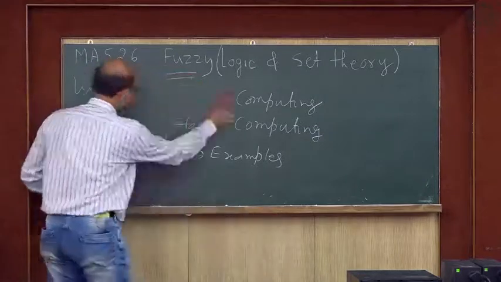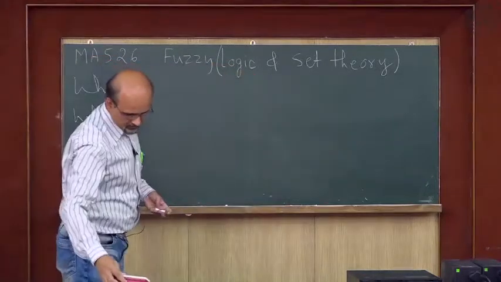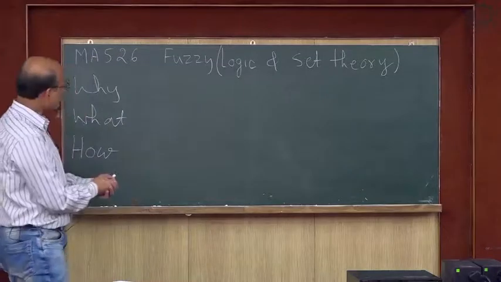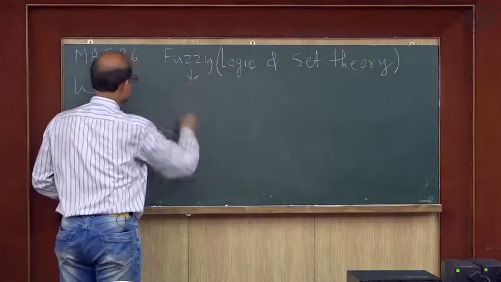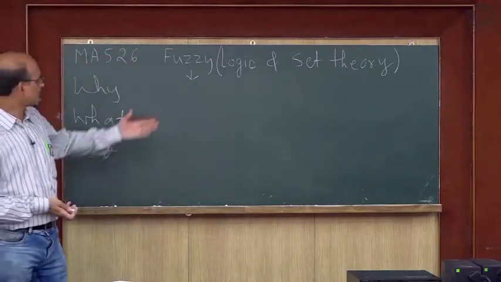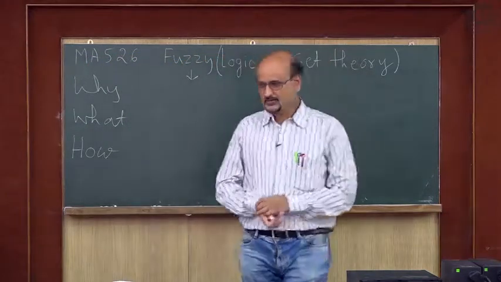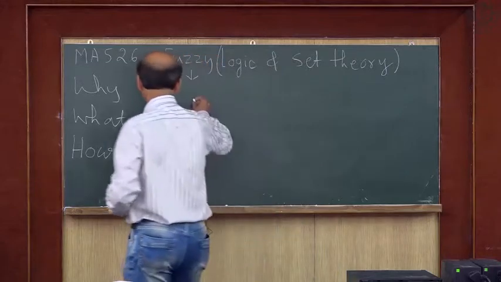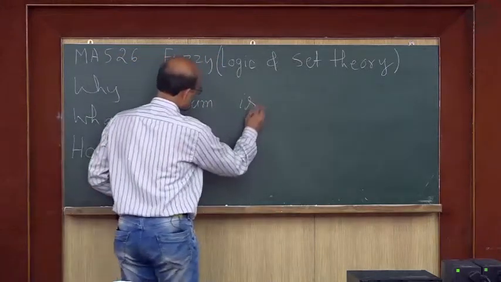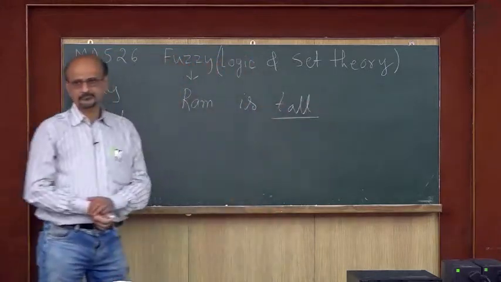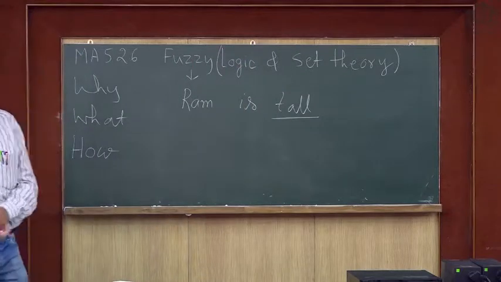Now, as I told, why fuzzy and where did it come from? Because you know what set theory is, you know sets. Suppose I say that a person Ram is tall. Okay. Ram is tall.